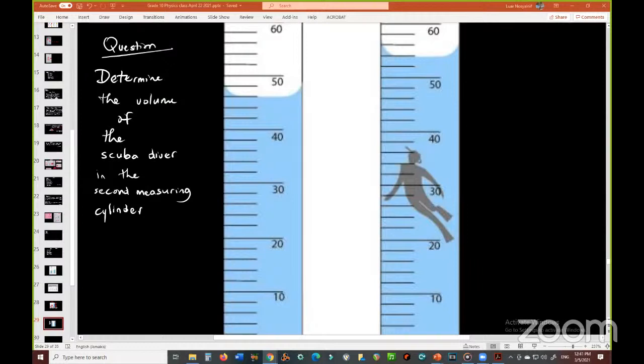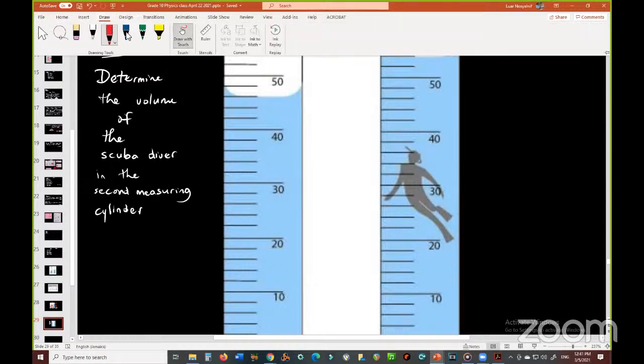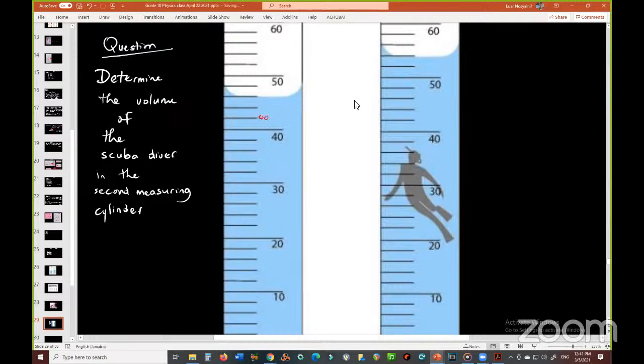What's the first reading I have? What's the initial volume I have? 40.8, sir. All right, let's see if you have 40.8. Notice that this is 40.6.